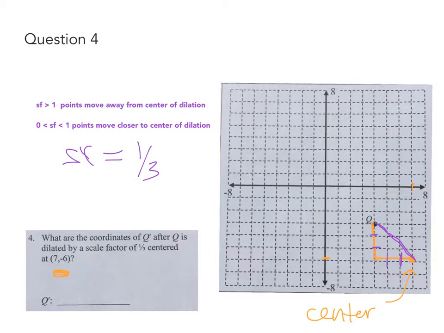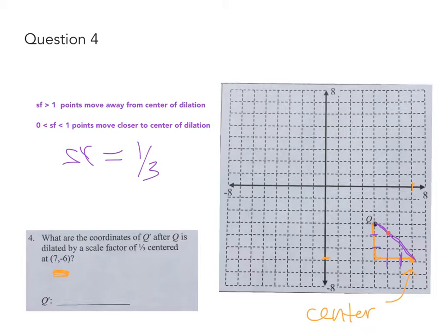So now here's where we also have to be really careful. A common mistake is that people are going to incorrectly put a point probably right here. This is a common place where people might think that our answer is. But I'm going to tell you that that is if we had a scale factor of 2/3.